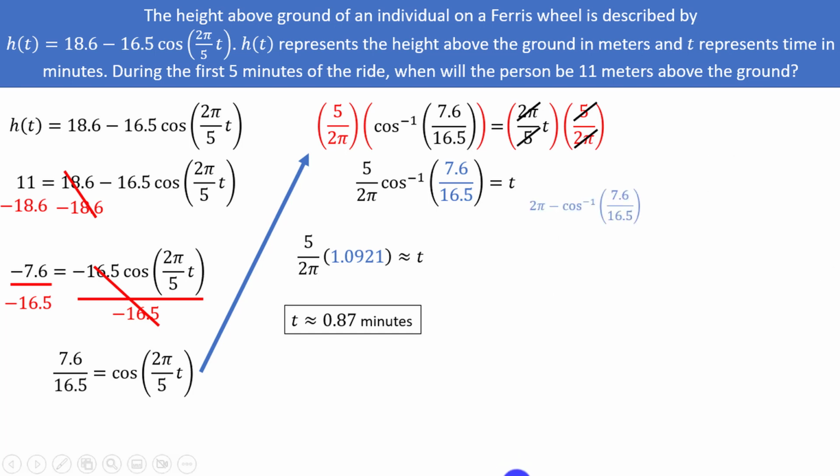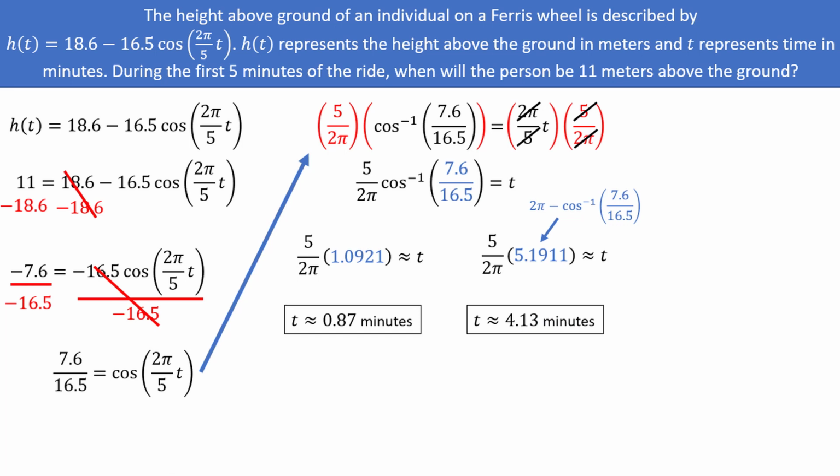So if we take 2 pi and subtract 1.0921, which is inverse cosine of 7.6 divided by 16.5, we will get approximately 5.1911. This is the angle in quadrant 4 that has the same x-coordinate as 1.0921. If we multiply this out, we will get approximately 4.13 minutes.